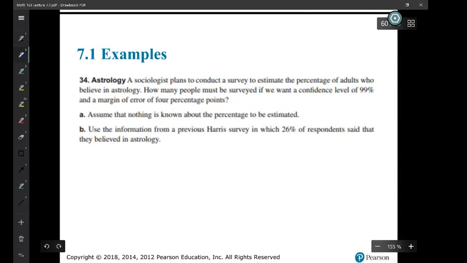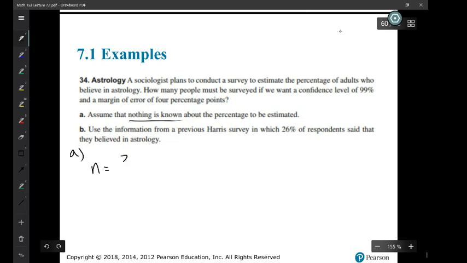Okay, this example is about astrology. A sociologist plans to conduct a survey to estimate the percentage of adults who believe in astrology. How many people must be surveyed if we want a confidence level of 99% and a margin of error of 4 percentage points? Recall that for the first part, if nothing is known and we need to estimate the number of surveys we have to collect, we want to use this formula.